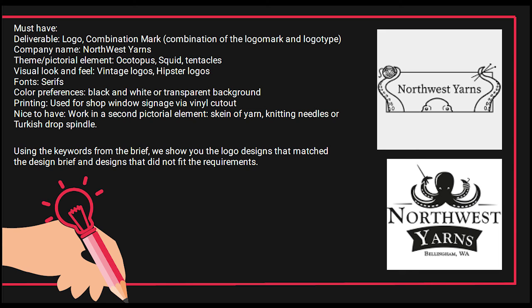Color preference: black and white or transparent background. Printing: use for shop window signage via vinyl cutout. Nice to have: work in a second pictorial element, skein of yarn, knitting needles, or Turkish drop spindle.